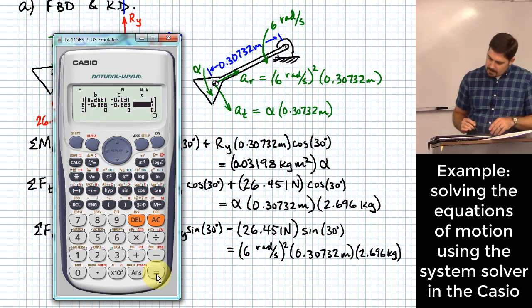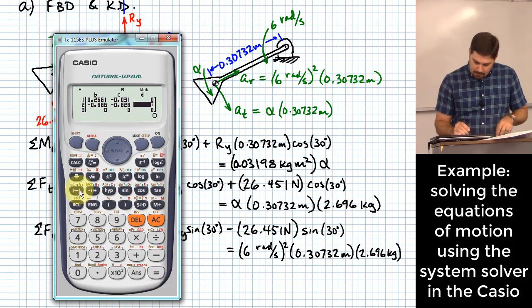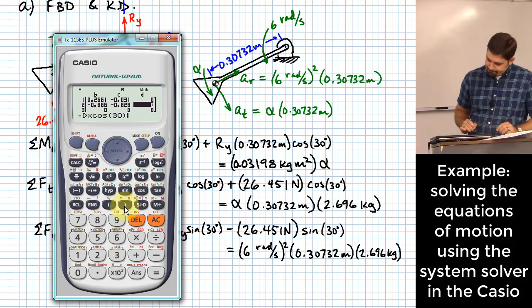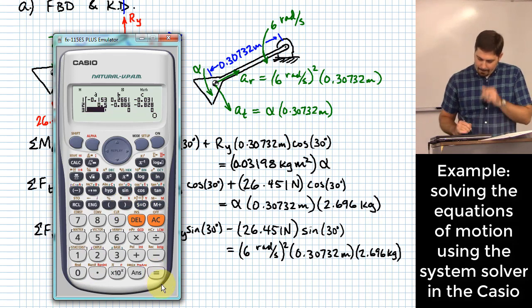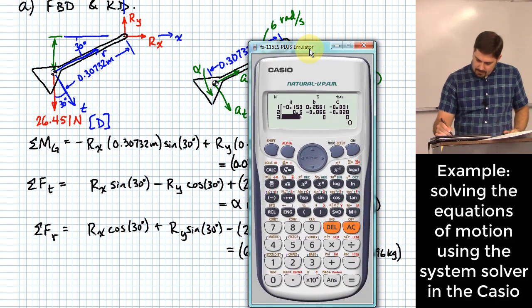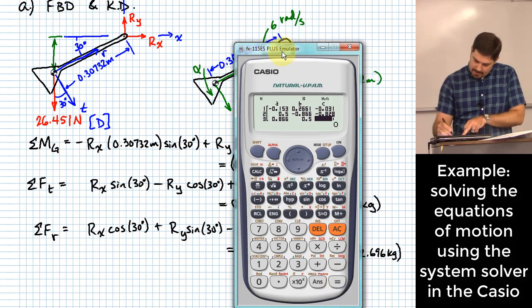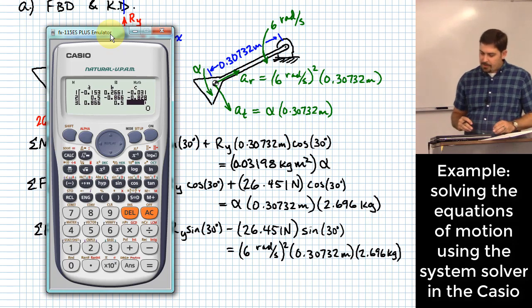Yeah, that's it. Over here, I'm going to put in a negative. I had that stored in D times cosine of 30. Now in this last one, we have positive cosine of 30 degrees, positive sine of 30 degrees. Do we have any alpha terms?